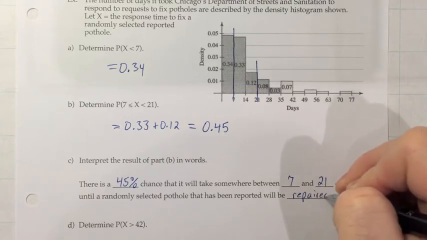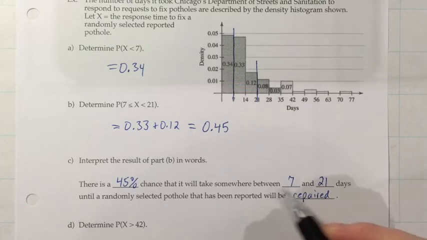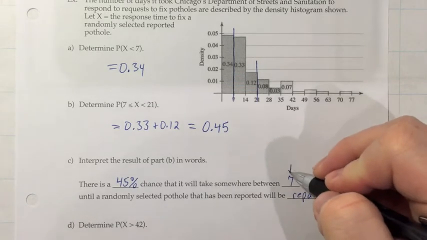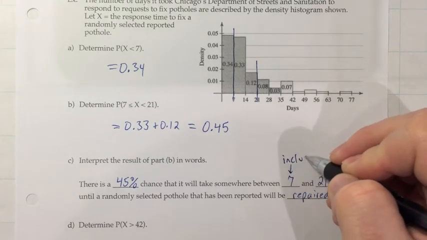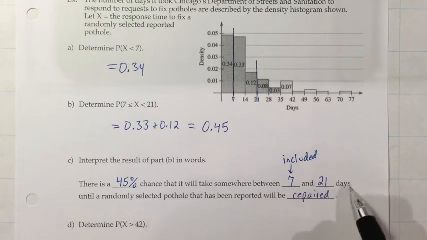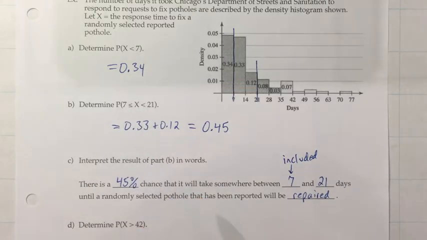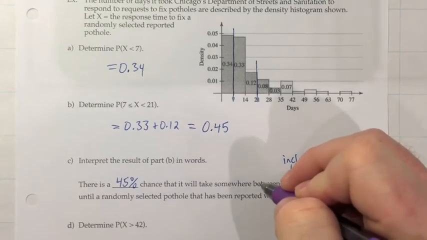I guess cleaning this up a little, between 7 and 21 would not include the 7, so we should point out that this one is included. So from 7 to less than 21 days might be a little bit better way to say that, to match up with the 'or equal' and the strictly 'less than'. So I don't know, why not? We can fix it right here. Drag in a new color.